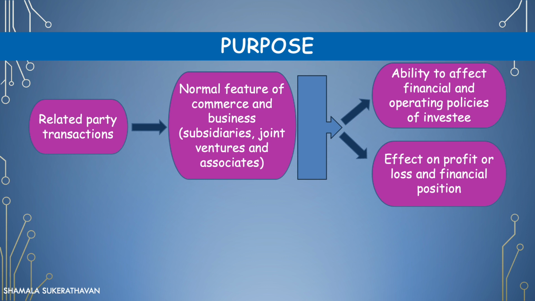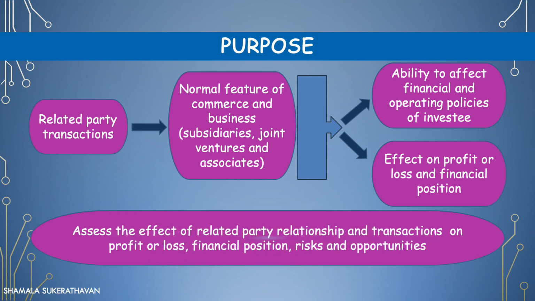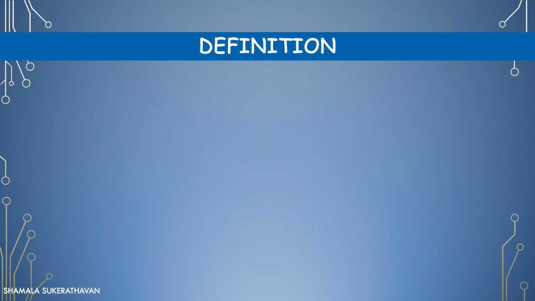Therefore, knowledge of an entity's related party relationships, transactions, and outstanding balances enables users of financial statements to assess the effect on profit or loss, financial position, risks, and opportunities facing the entity.